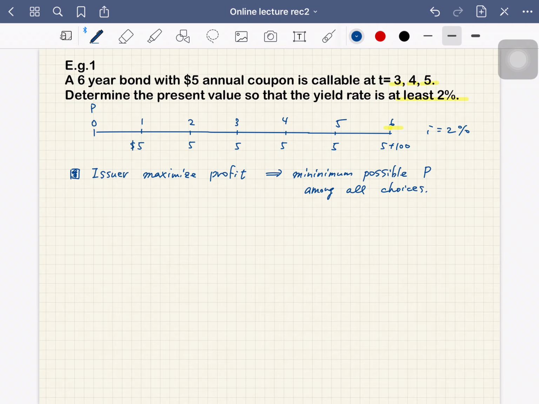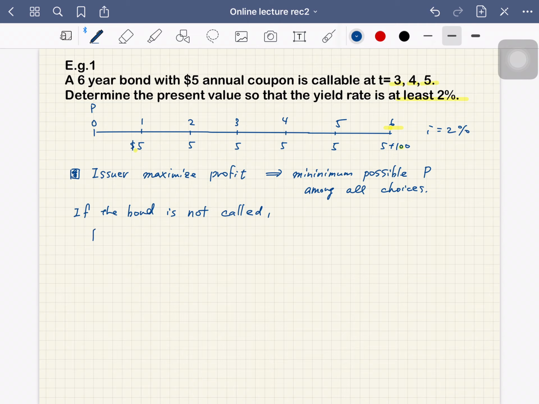So if the bond is not called, what happens? If not called, this is the present value of a usual bond with $5 coupon and the $100 redemption at time 6.